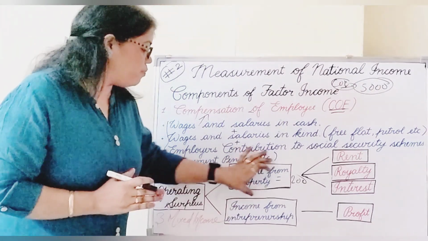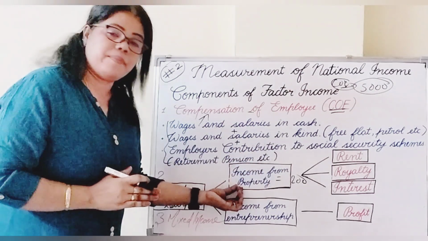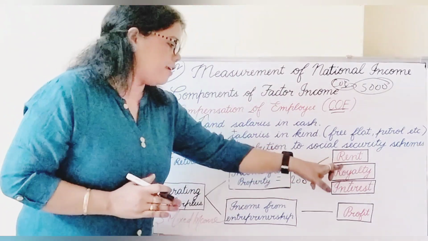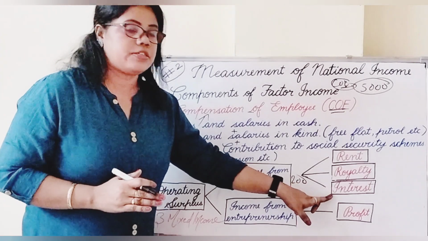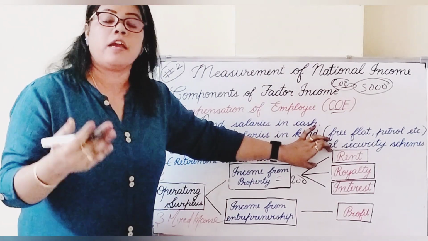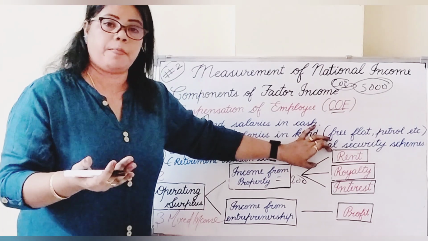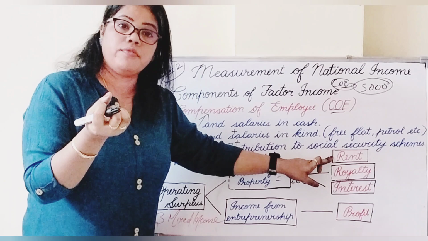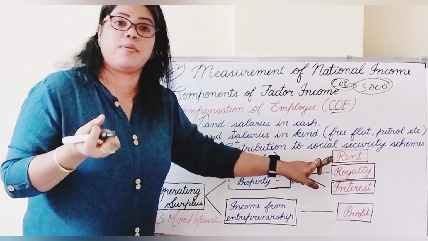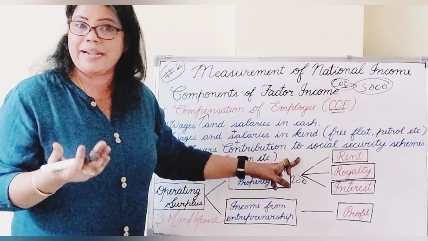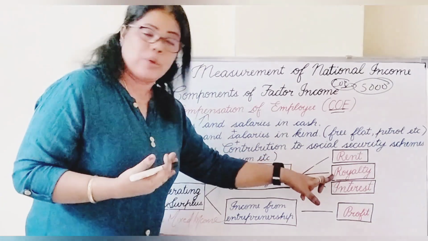Understand? So the elements coming under income from property are rent, royalty and interest. What is rent? If house owners provide their house for rent, the income in the form of rent received by the house owner is called rent for his property. The building is his property. And royalty.